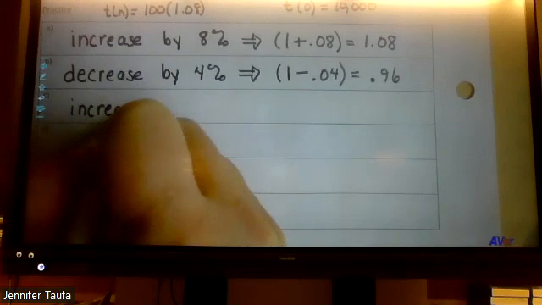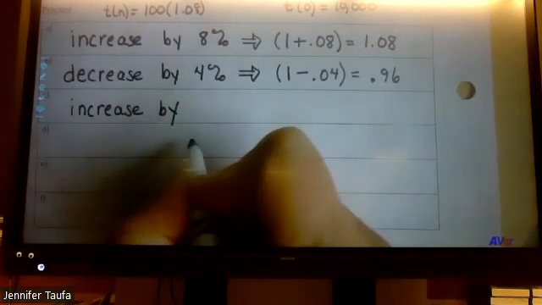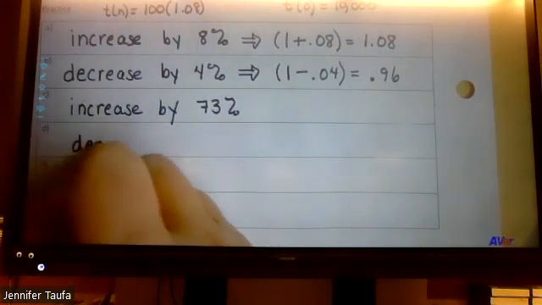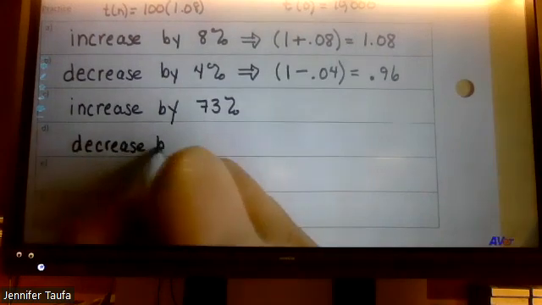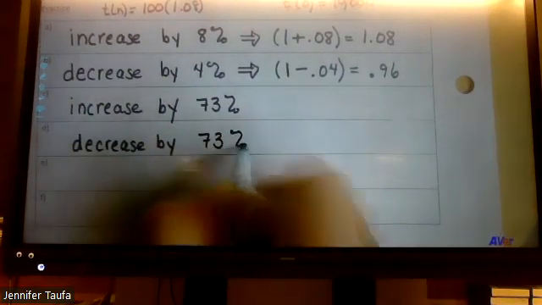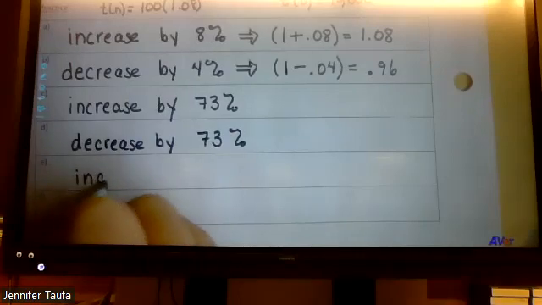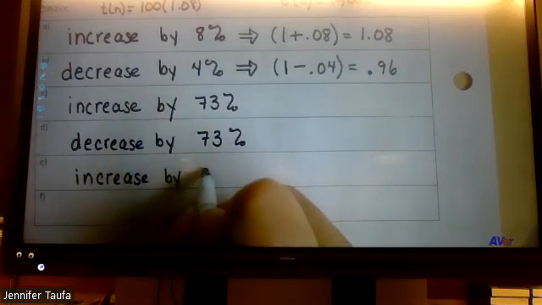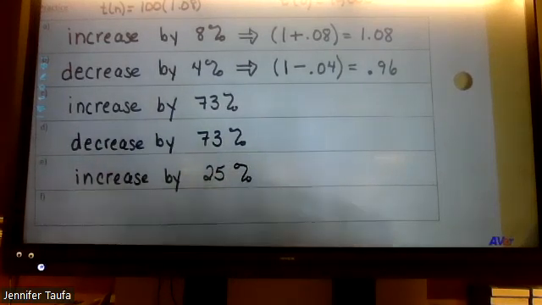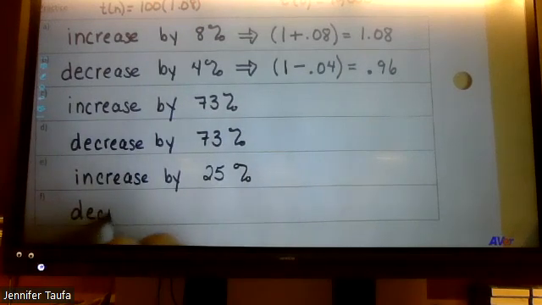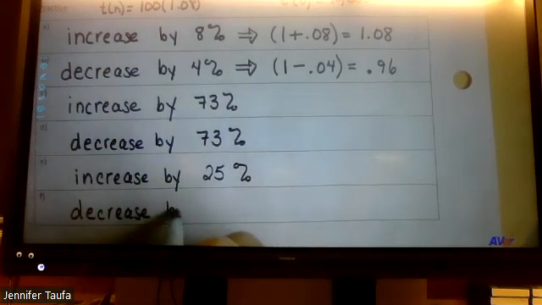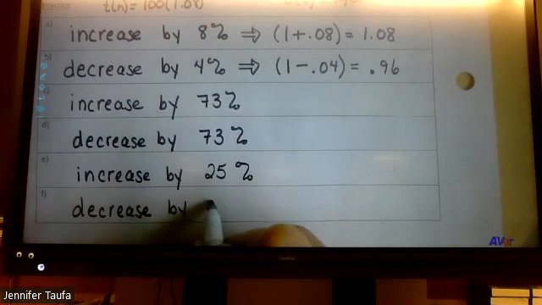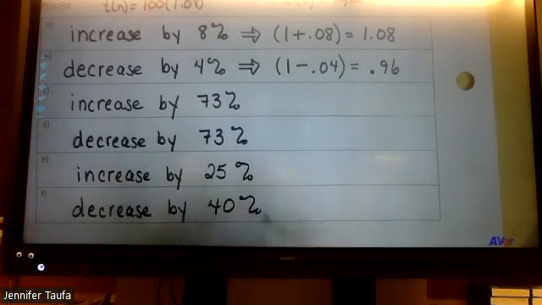See if you can figure out an increase by 73%, a decrease by 73%, an increase of 25%, and a decrease by 40%.